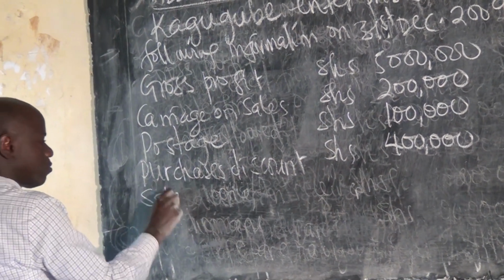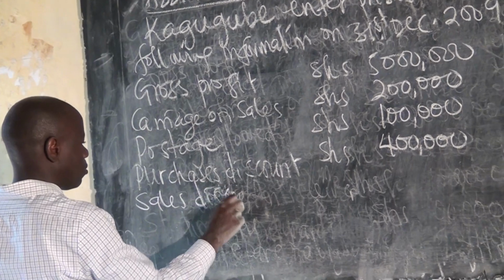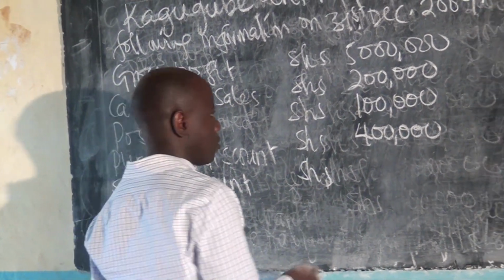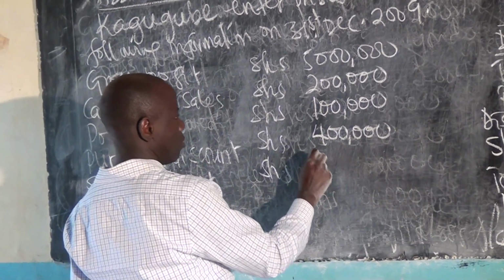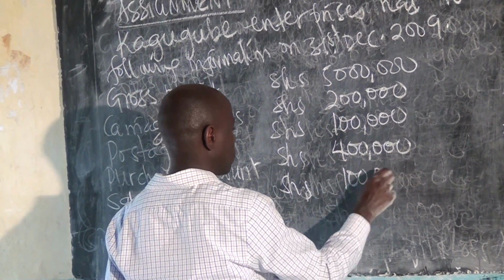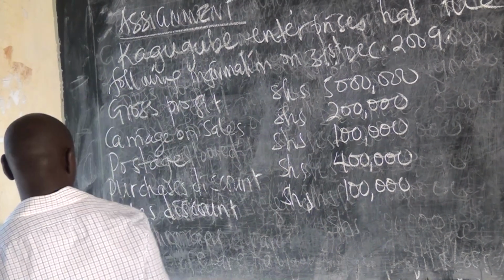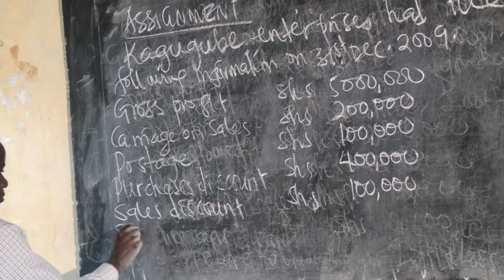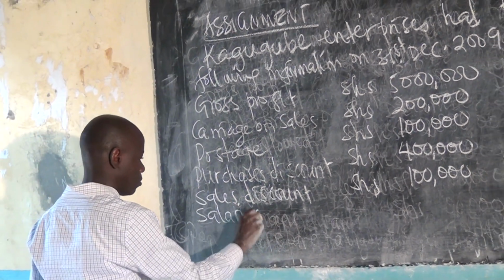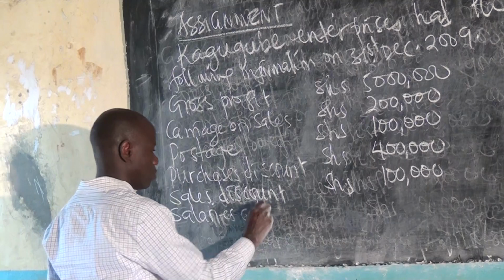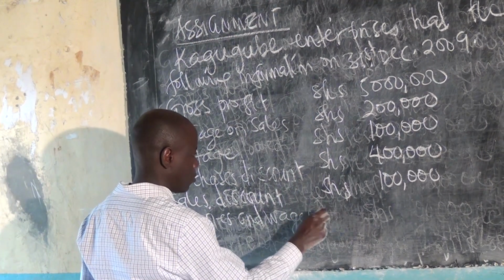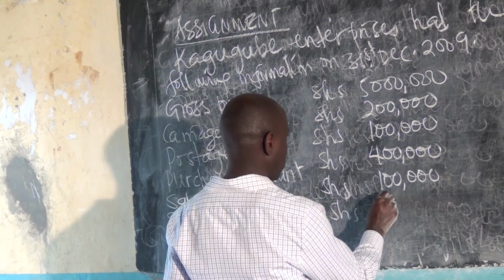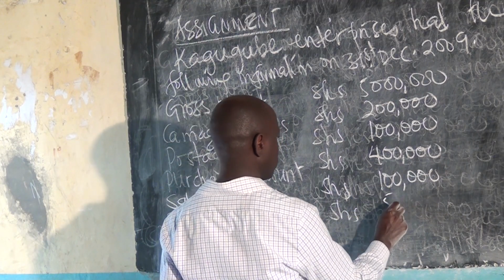Sales discount, shillings 100,000. Salaries and wages, shillings 500,000.